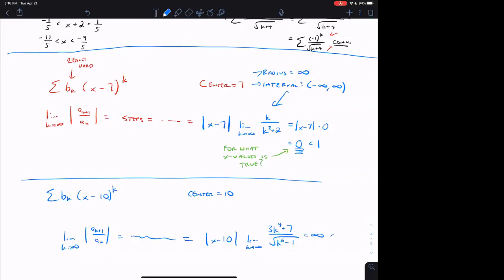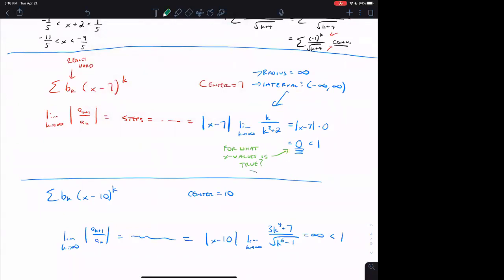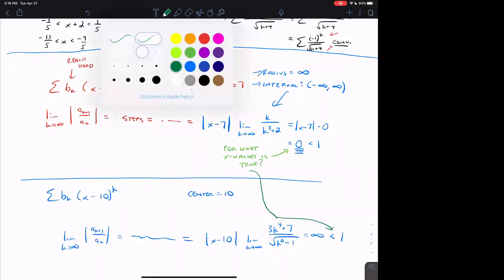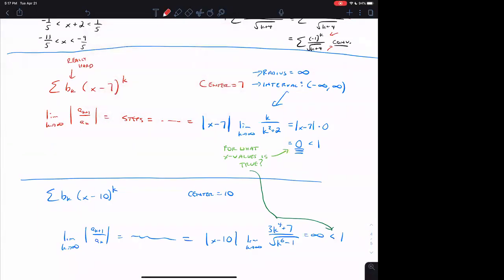What we want to know is for what x values is infinity less than 1? Infinity is never less than 1, right?